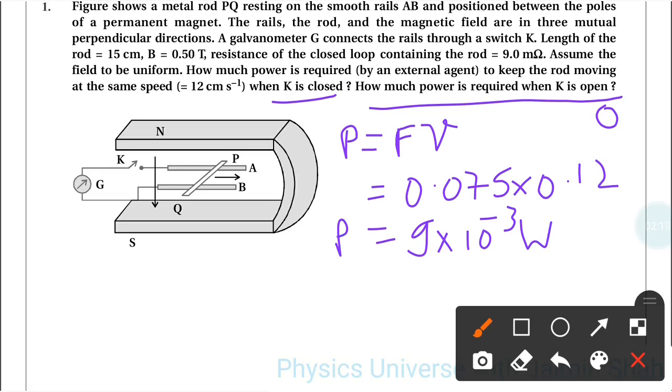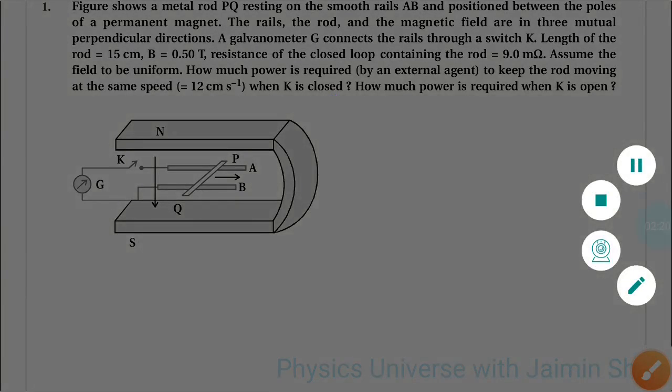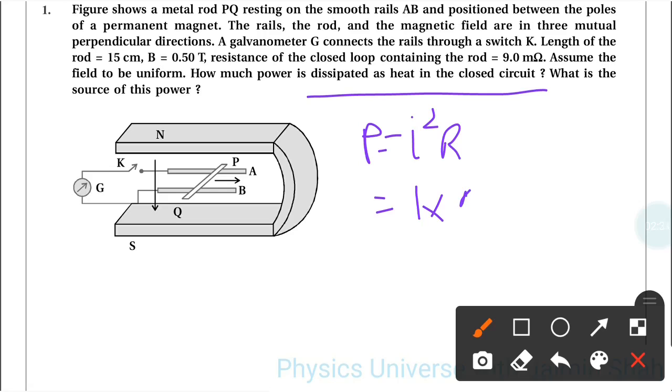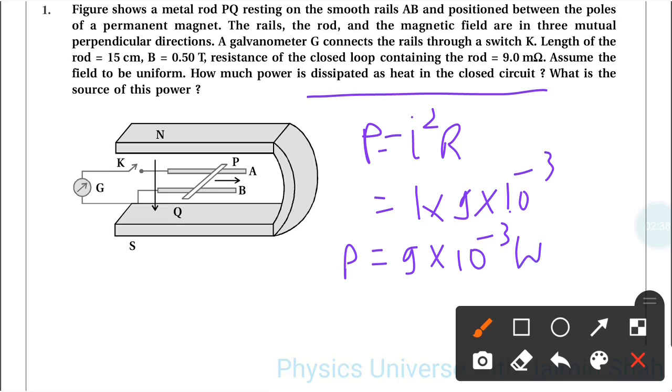Now next, how much power is dissipated as heat in the closed loop? The dissipated power is I square R. Now I is 1 and R is 9 into 10 raised to minus 3, so the power dissipated P is equal to 9 into 10 raised to minus 3. So what is the source of this power?